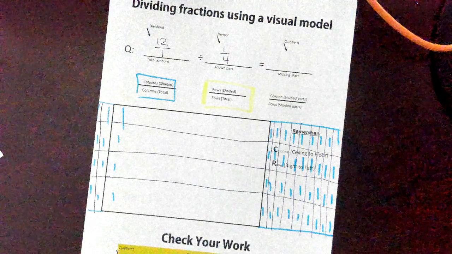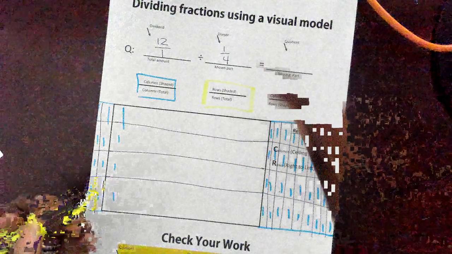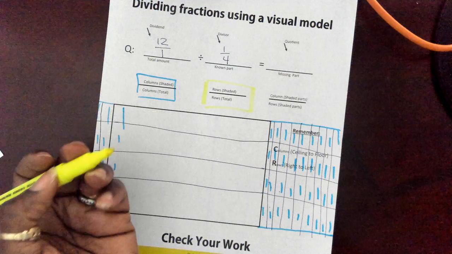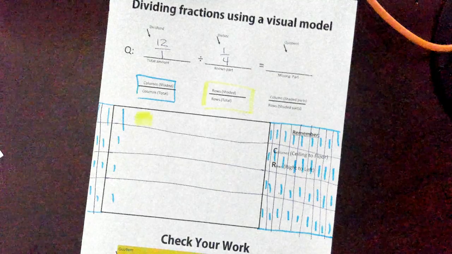Alright, and now we need to shade in our rows, and we're shading in one of the original rows. Remember, it was originally 1 column by 4 rows. Alright, so what we're looking for now is, how many column parts or blue marks do we have?